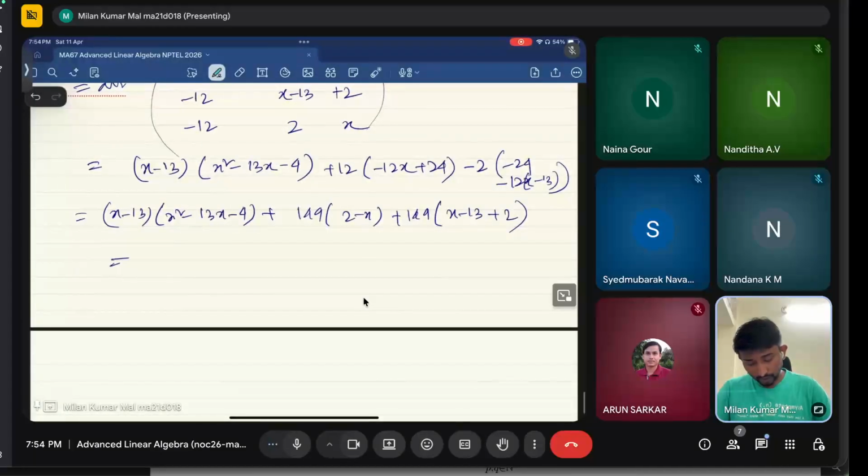I hope 530 is the eigenvalue. I hope. Let me check, or at least replace 0. If I replace 0 here, then this will be 13 into minus 4 and 144 into 2.